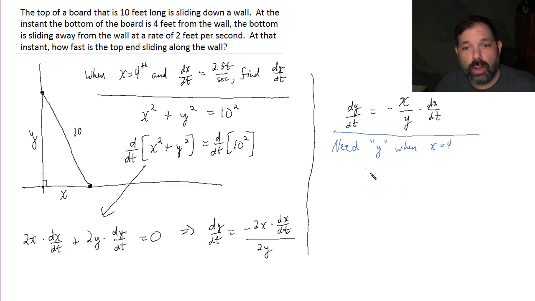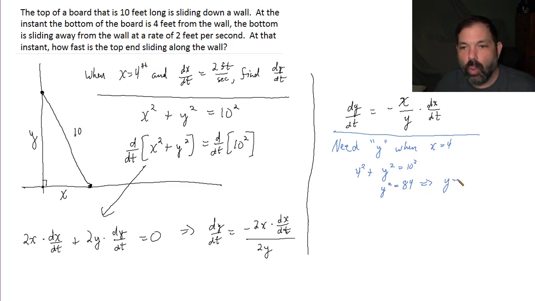Well, if x is equal to 4, then 4 squared plus y squared is 10 squared. So 16 plus y squared is 100. y squared is 100 minus 16. That's 84. So then y has got to be positive here, right?